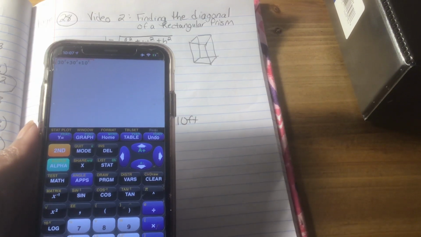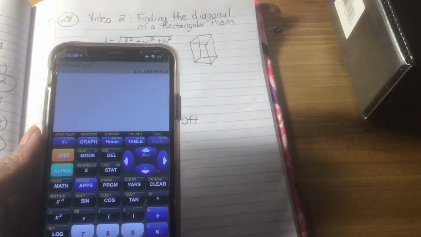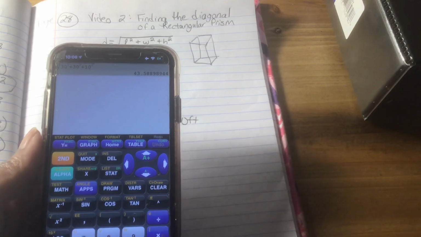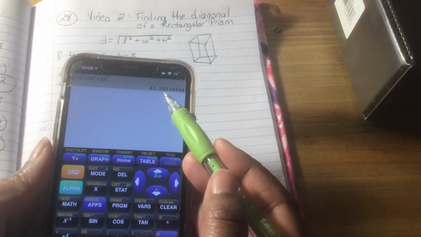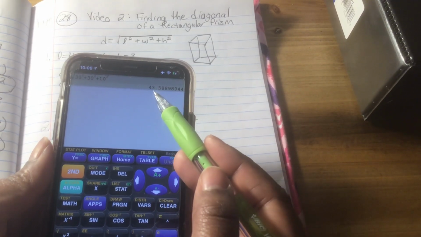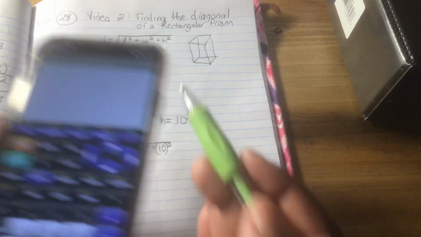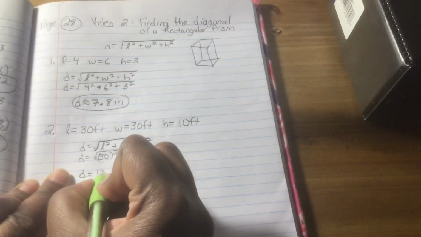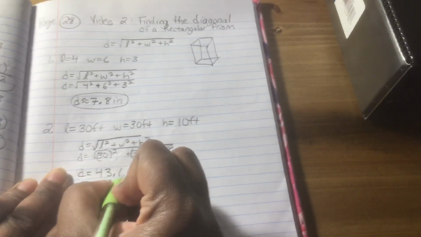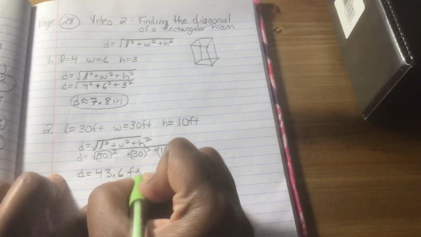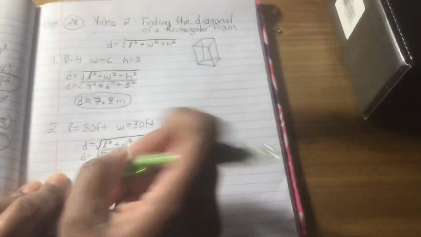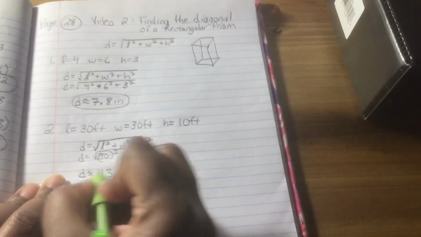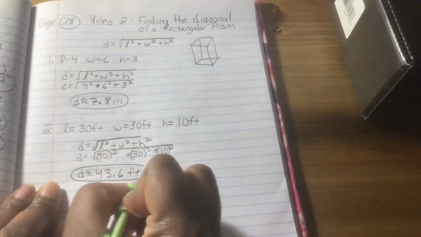That's going to give you 43 point, and rounding to the nearest tenth place, that's 43 and 6/10. So your diagonal is going to be 43 and 6/10 feet. About. Keep putting equal, but we're estimating, so it's about. Use the squiggly lines.